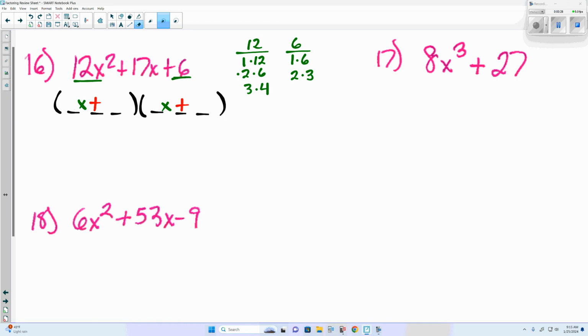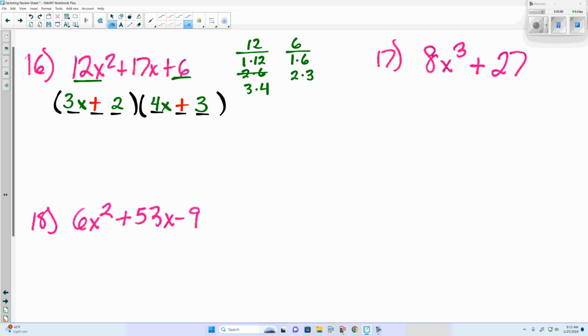So 2 and 6, we've tried every single one. 3 and 4. So 6, okay. So that one's out. 2 and 3. That's fine. 3x and 2, no greatest common factor. 4x and 3, no greatest common factor.